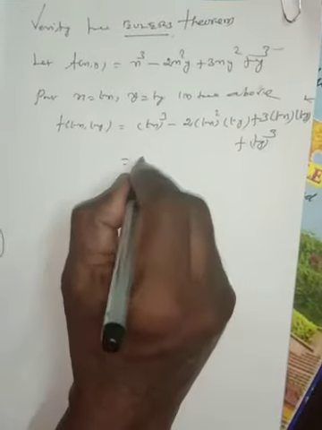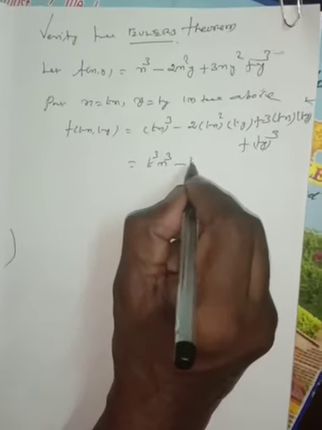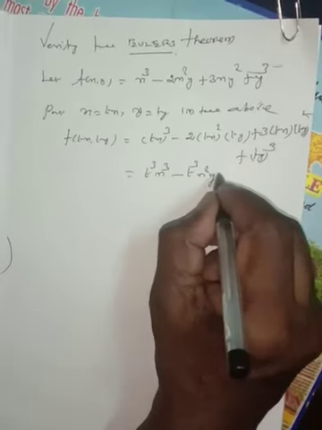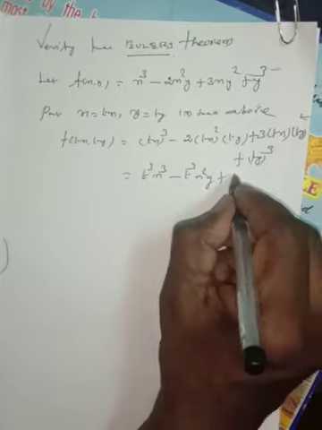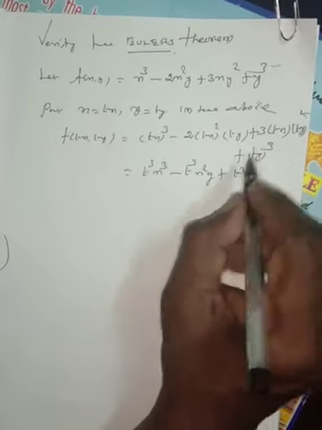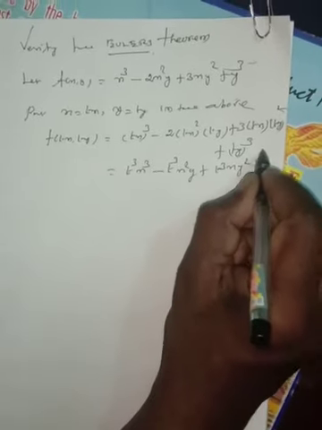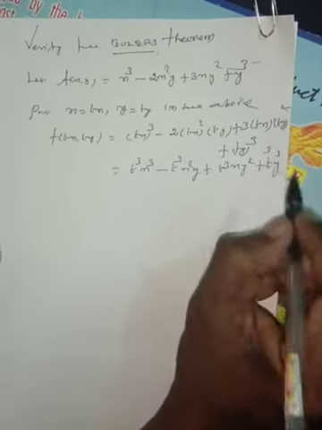Expanding, t to the power of 3 x power 3 minus t to the power of 3 x square y plus t to the power of 3 x y square plus t to the power of 3 y to the power of 3.